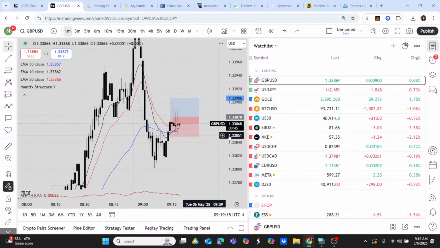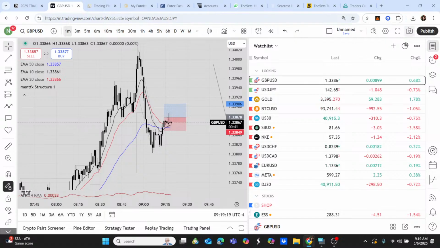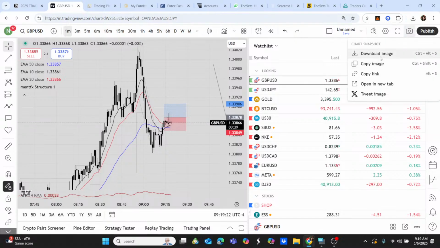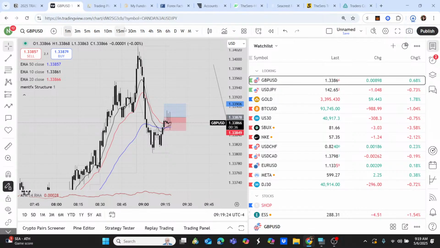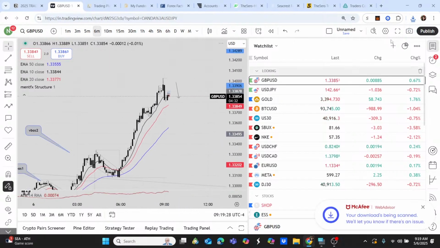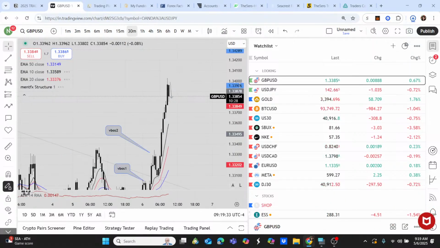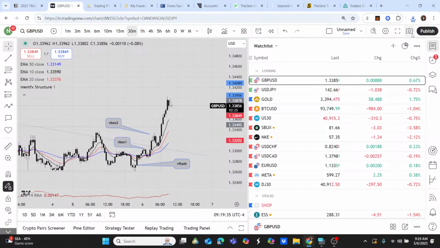Let me also take a screenshot of this move, and I'm gonna input it into the journal later. So download image, and right here.